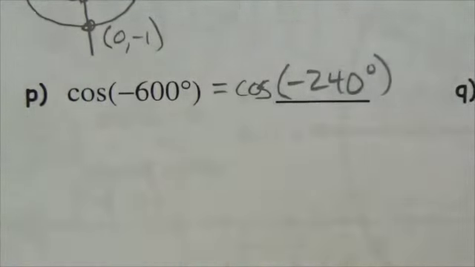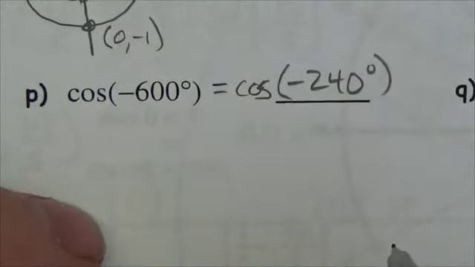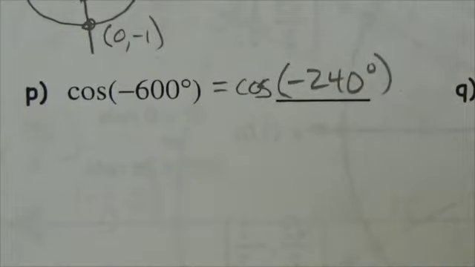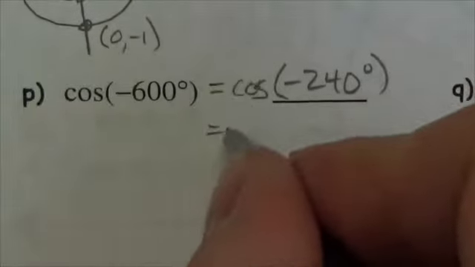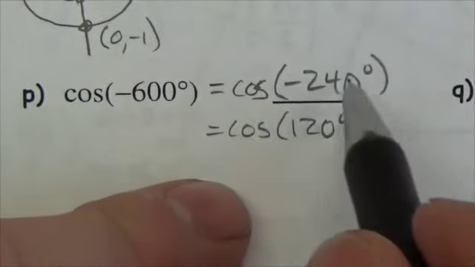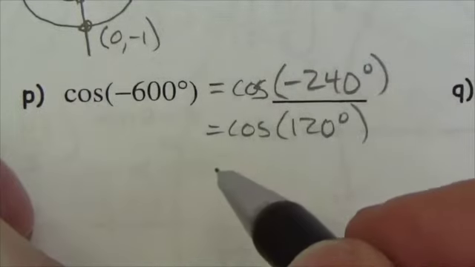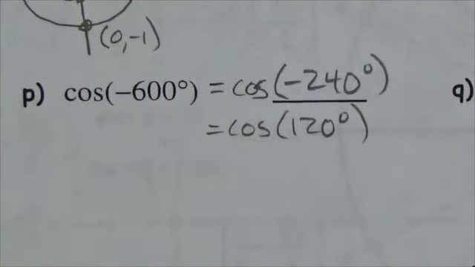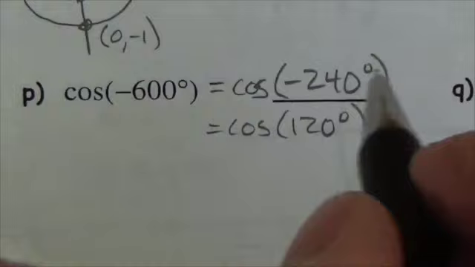Now, this might actually be good enough for me to work with. I could add another 360 to that and make it positive. That's maybe not even a bad idea. I'm going to add 360 to this one as well. And this is going to get me the cosine of 120. Instead of fighting to make that -240 work and thinking backwards, all I need are coterminal angles. Let's do it.